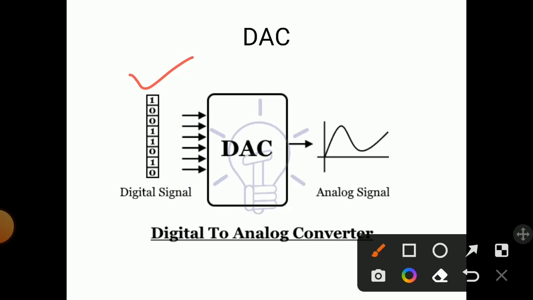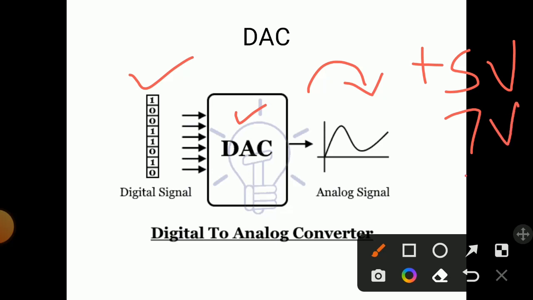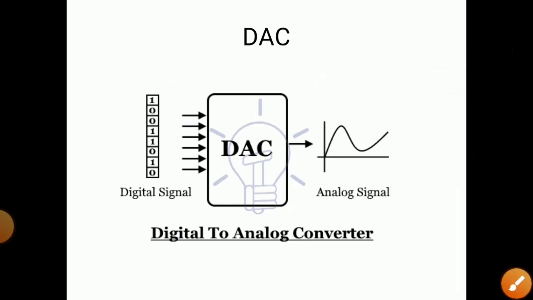This binary number, or digital signal, is given as an input to the digital to analog converter, and the converter converts it into an analog signal. The analog signal may be in the form of voltages like plus 5 volt, 7 volt, or 8 volt. Like this, an 8-bit binary number is converted into an analog signal. So this is the digital to analog converter.